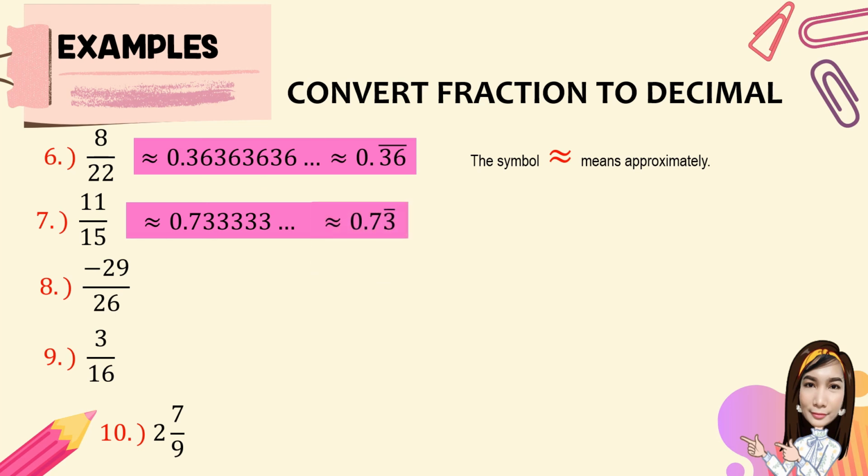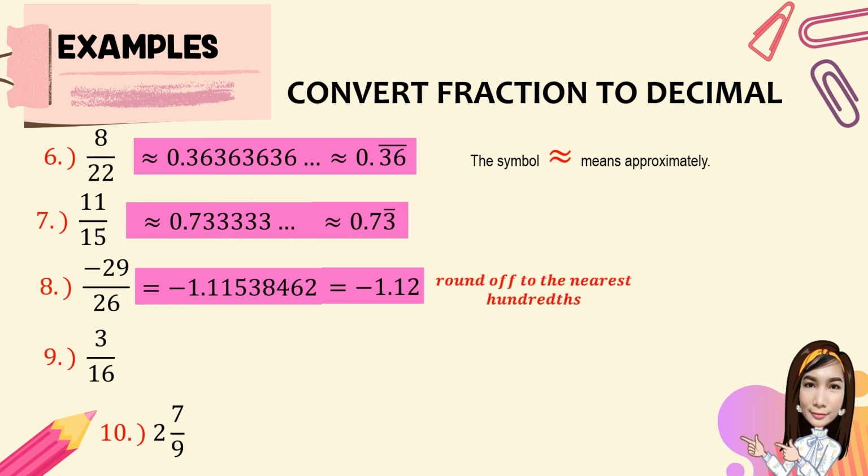For number 8, we have negative 29 over 26. That is equal to negative 1.11538462 or equal to negative 1.12 if we are going to round off to the nearest hundredths. For number 9, we have 3 over 16.